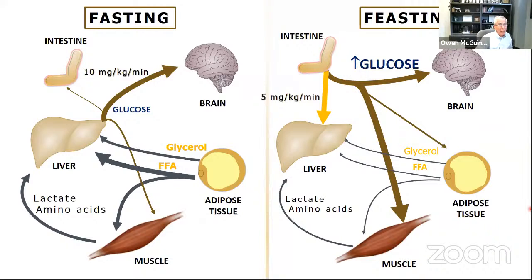But if you think about our life cycle of living primarily in the feasting state within a 24-hour state, and a relatively high carbohydrate diet that we live on, this DNL is actually pretty significant in the adipose tissue and actually can be significant in the liver, especially in settings of obesity and insulin resistant states.